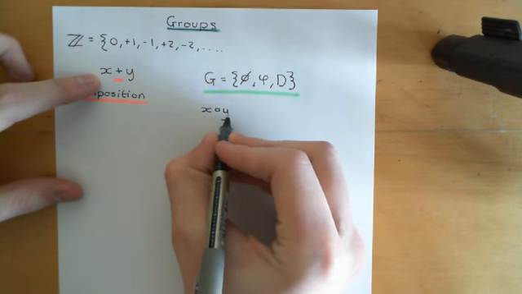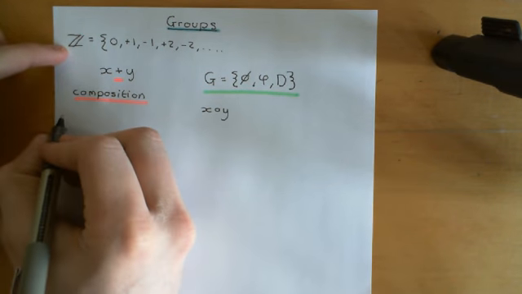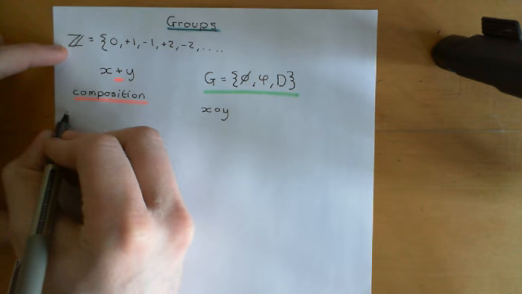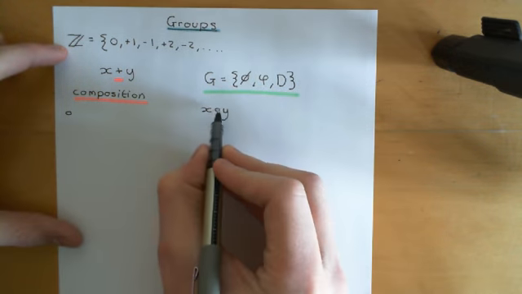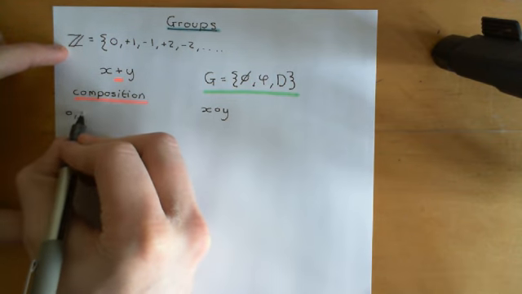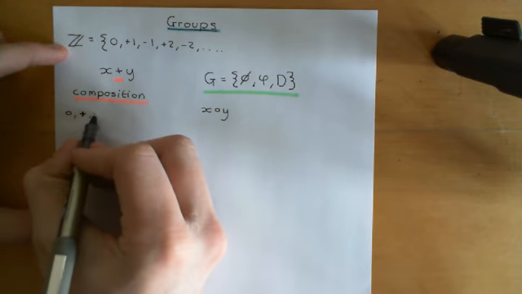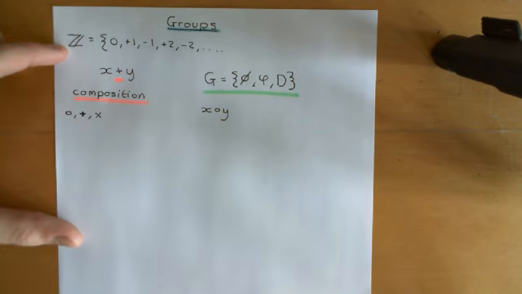X composed with y. Now I should just go over the symbols that people can use for composition. There are loads of different symbols people use for composition. This is the most abstract one, putting a circle like so. Sometimes you will see composition denoted by plus though. That's common in things like the integers. You can also see it as multiplication.